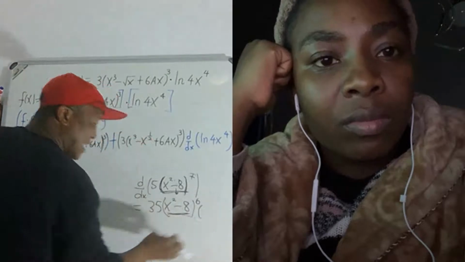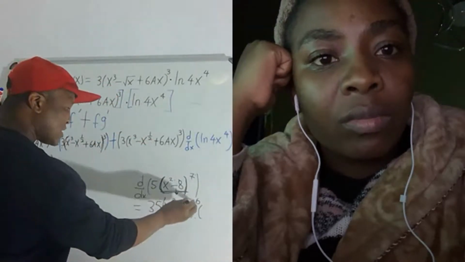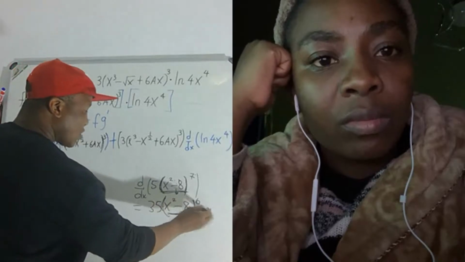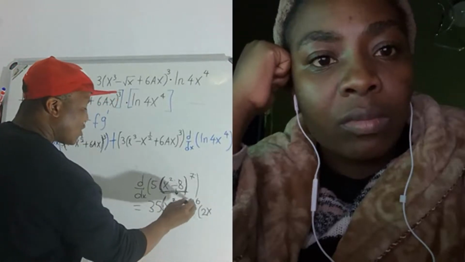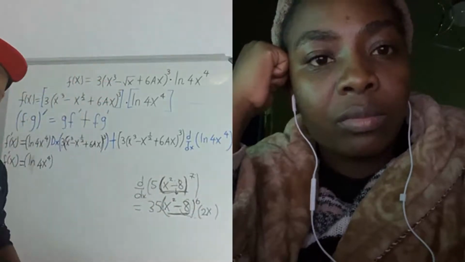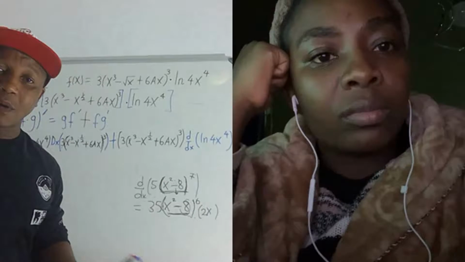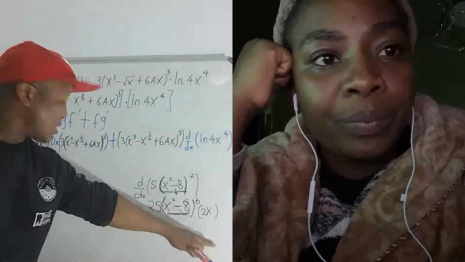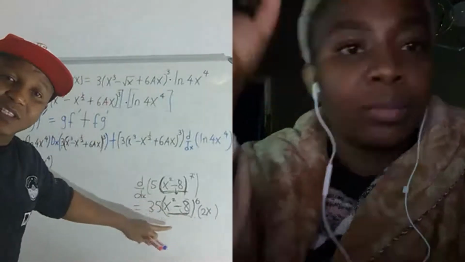What are we going to do? Differentiate whatever is in the bracket. This is going to be 2x, and then when you differentiate 8, you get 0. So I don't have to write it, because 8 does not have an x. It's a constant, remember that? So differentiate, and then do not forget to differentiate what is in the bracket.